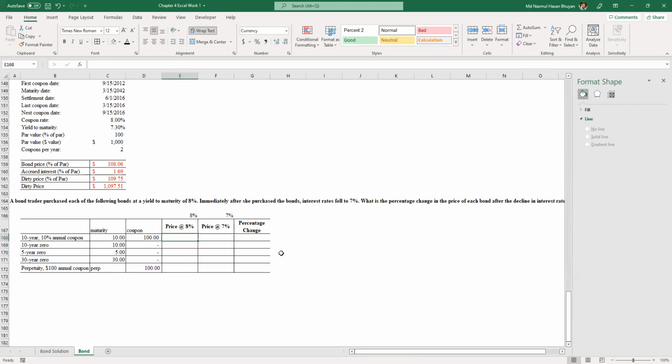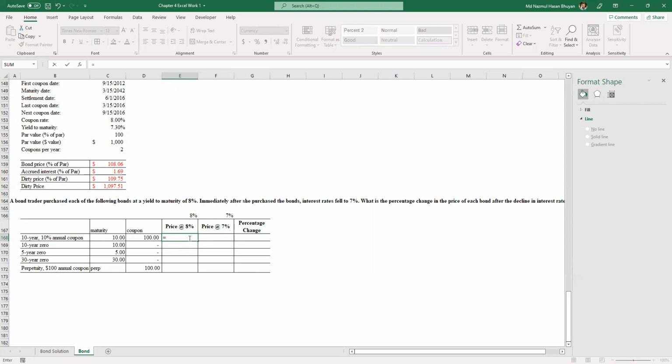All right, now let us calculate the price of all of these securities under 2 different interest rate scenarios. Interest rate scenario number 1 is 8%, and scenario number 2 is 7%.